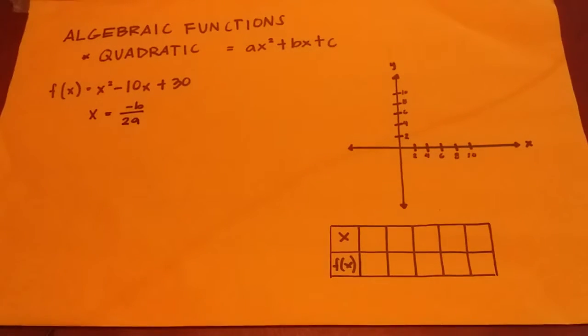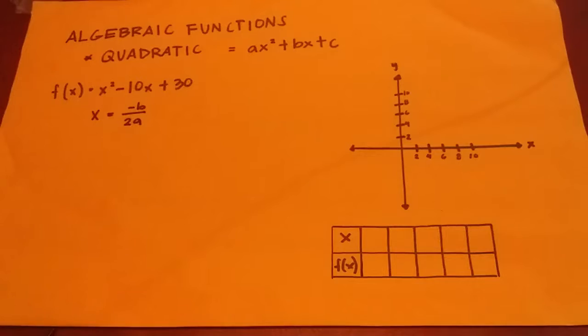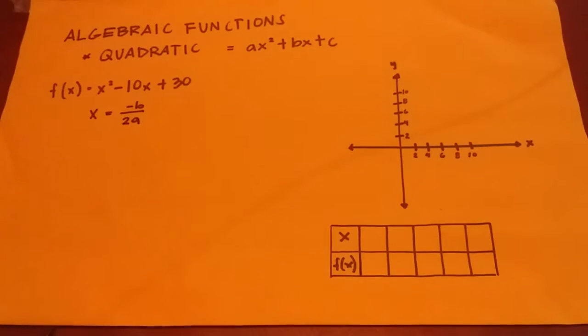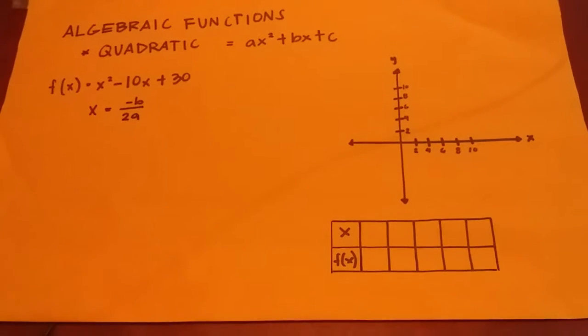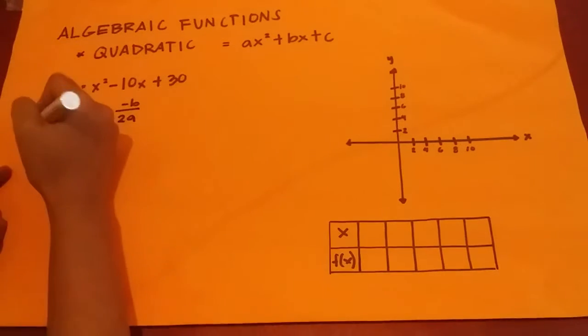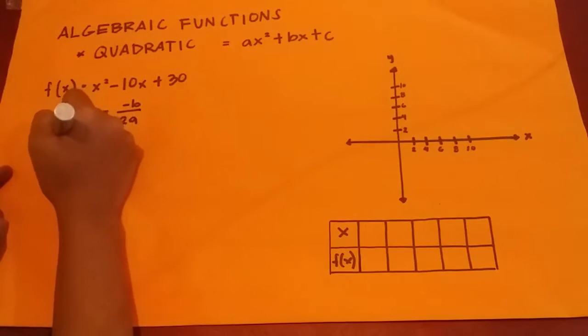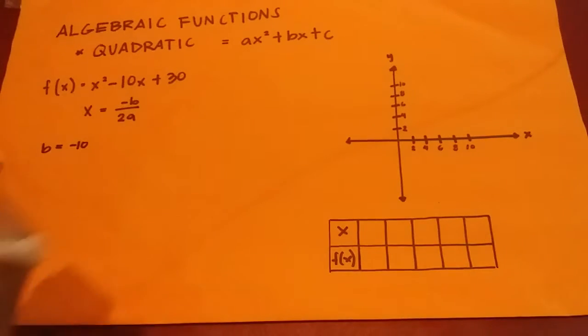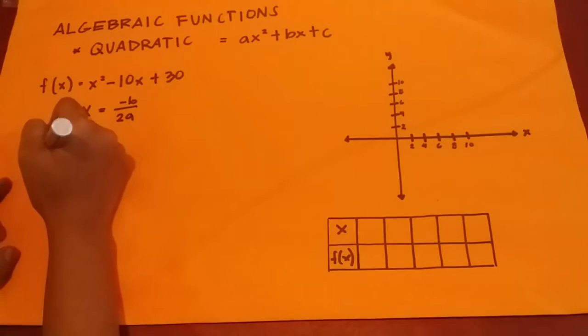This formula comes in the form of ax squared plus bx plus c, the formula of the quadratic. So in this case, b is negative 10 and a is 1.